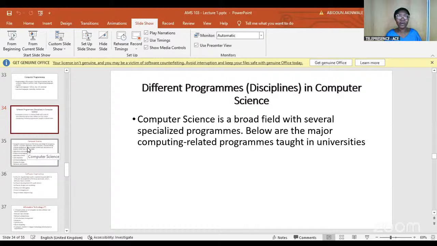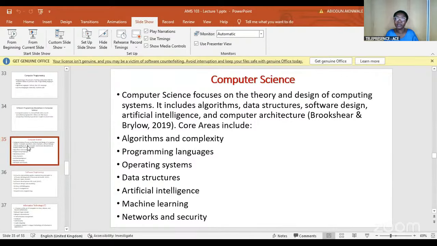Okay, so different programs in computer science. Computer science is a broad field with several specialized programs. So in the university, please, you can go to the next slide. In the universities, you see people specializing in different aspects. So you don't have an island of knowledge, just among humans.